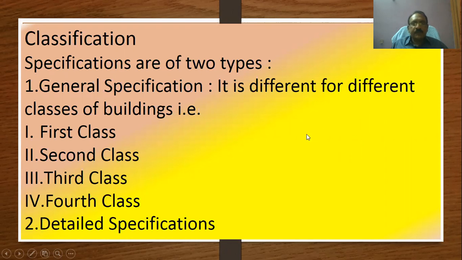In this unit, we'll discuss the specifications. Generally, there are two types of specifications: general specifications and detailed specifications. In general specification, there are different types: first class buildings, second class, third class, even fourth class buildings. Like your LIG, low income group houses, MIG, middle income group houses, and HIG, high income group houses.